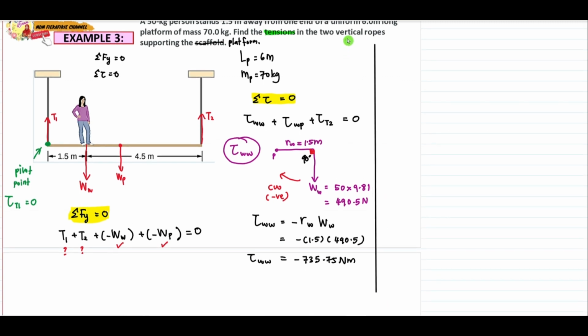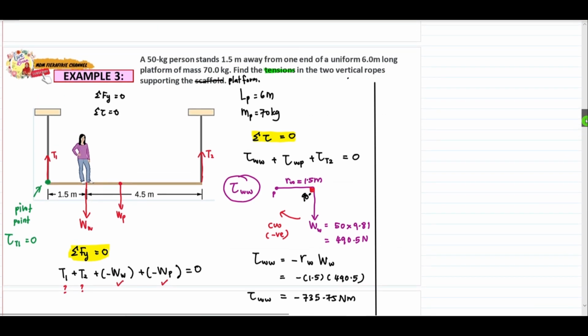And then we proceed to the second force, which is the weight of the platform. Okay, so I will write first, this is about torque due to the weight of the platform. I circle it. Same as before, we have the pivot here. So from the pivot we move, and this is WP. The weight of the platform is given.